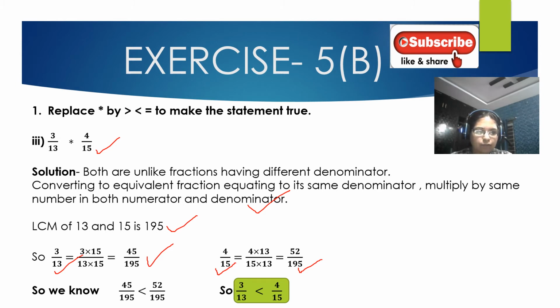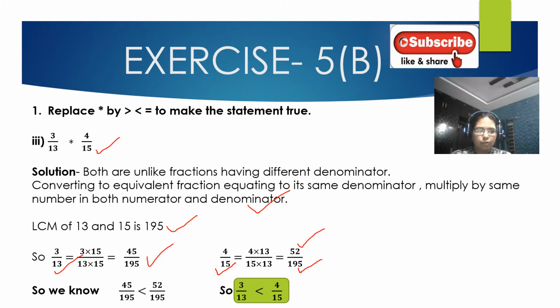Multiply 13 with numerator 4, we get 52, and we have to multiply the same number 13 with the denominator 15 also. So 15 multiplied by 13 is 195. We get 4 divided by 15 equal to 52 divided by 195. So the equivalent fraction of 4 divided by 15 is 52 divided by 195. Both 4 divided by 15 and 52 divided by 195 are equivalent fractions.